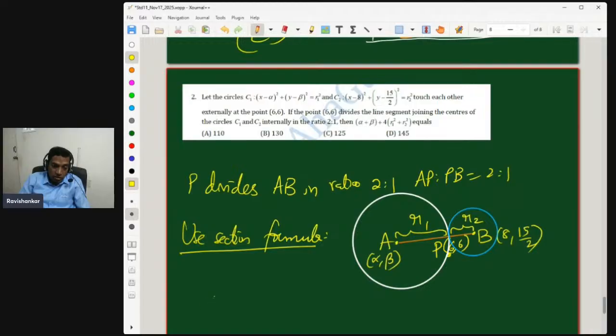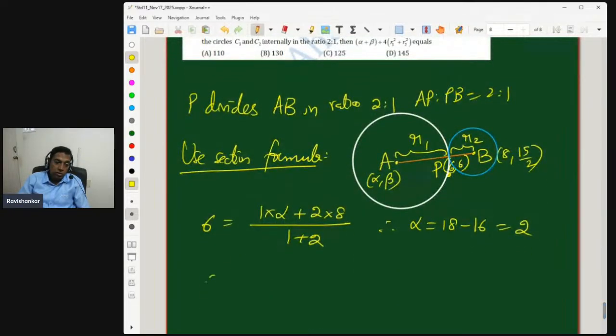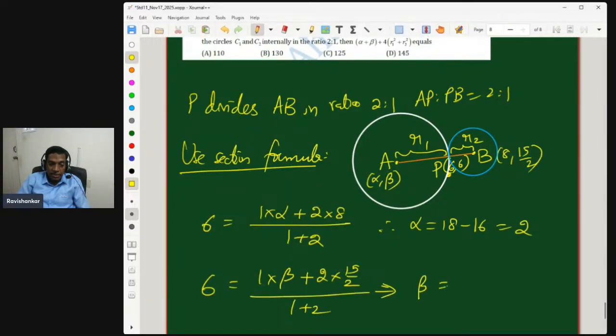So therefore 6 is equal to (1 into alpha plus 2 into 8) by (1 plus 2), which gives alpha is 18 minus 16, which is 2. Again, 6 is equal to (1 into beta plus 2 into 15/2) by (1 plus 2), which gives beta is equal to 18 minus 15, which is 3.